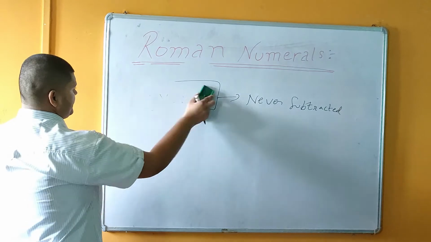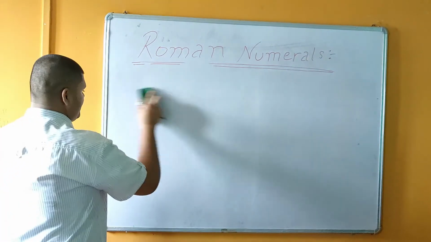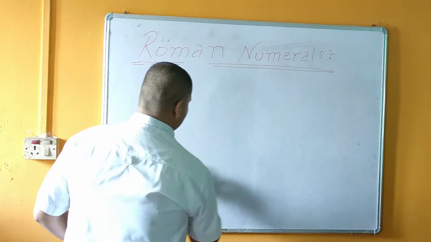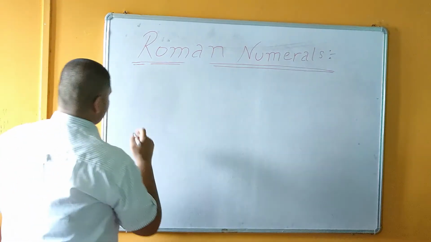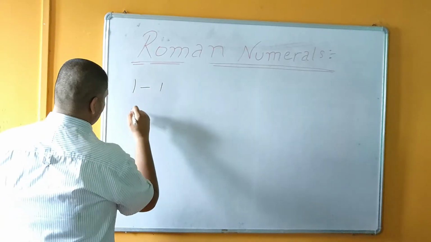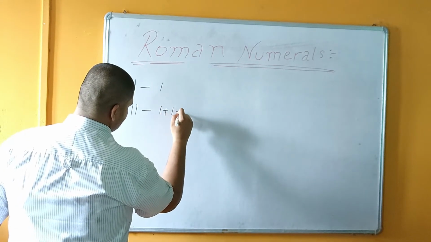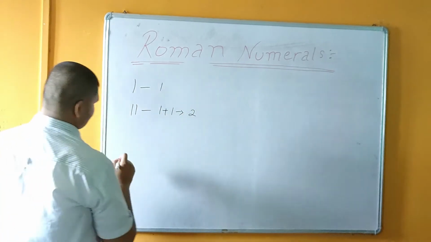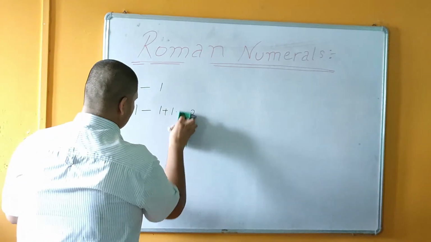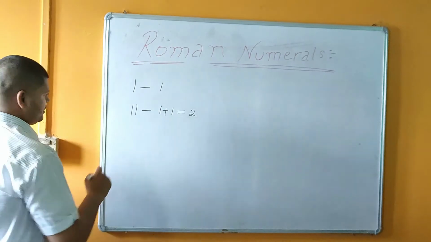Now we are going to practice a few examples for our clear understanding. We already know I means 1. Double I means 1 plus 1. It is 2. I am taking equal to, because you might be confused.